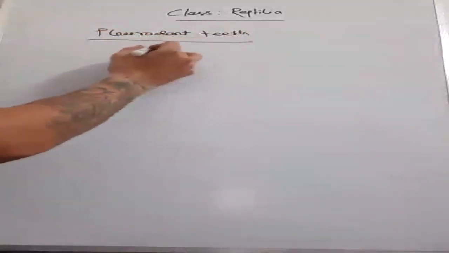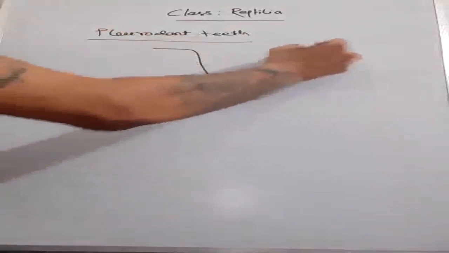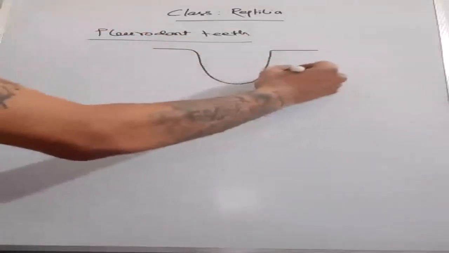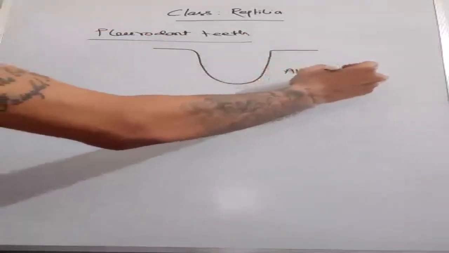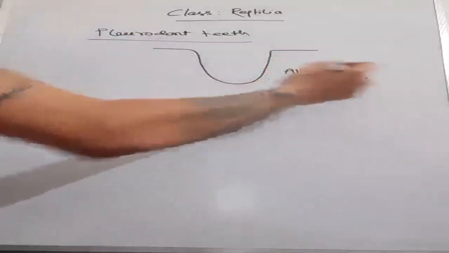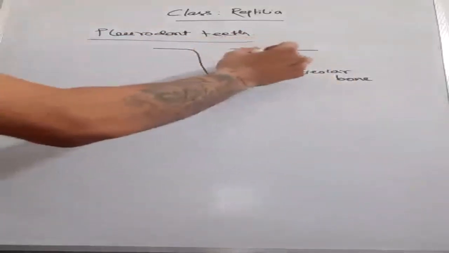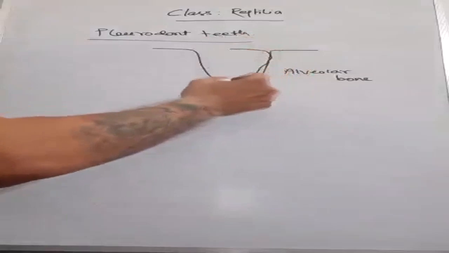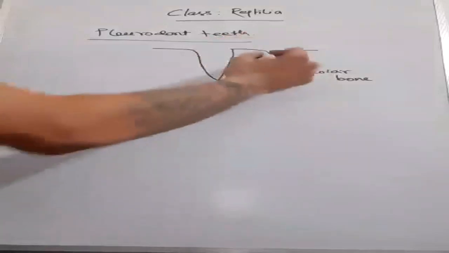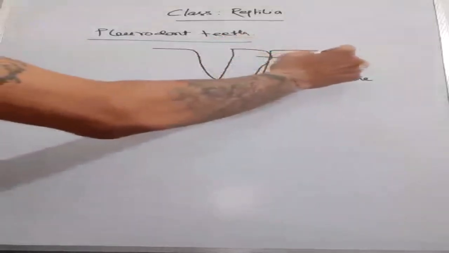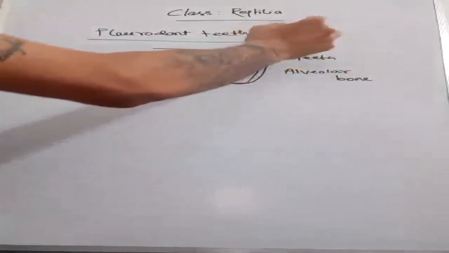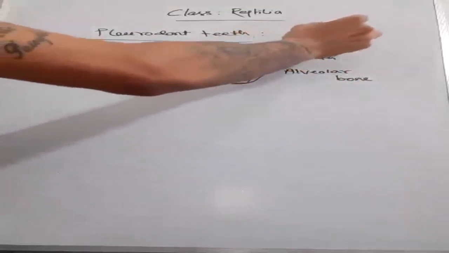It should look somewhat like this. If this is the bone where the teeth are attached, this bone is known as alveolar bone, and the teeth is attached partially. See this, the teeth is attached on only one side. So pleurodont teeth are nothing but partially attached teeth.